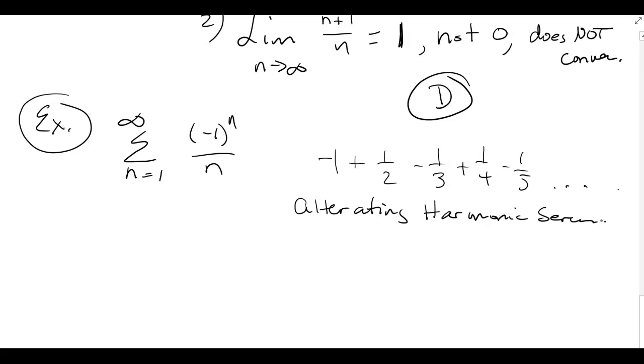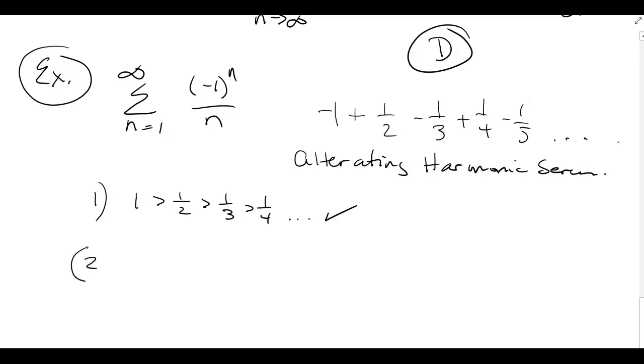Number 1, you're comparing 1 greater than 1/2, greater than 1/3, greater than 1/4. Yep, that checks. For 2, the limit as n goes to infinity of 1 over n, we're checking if it equals 0.